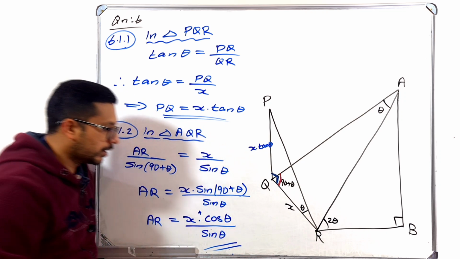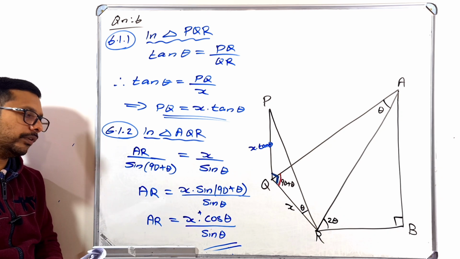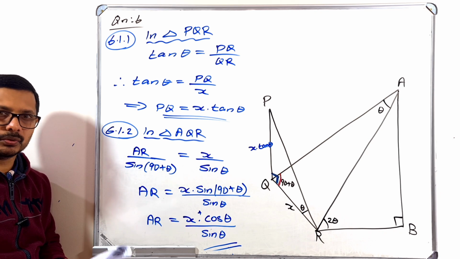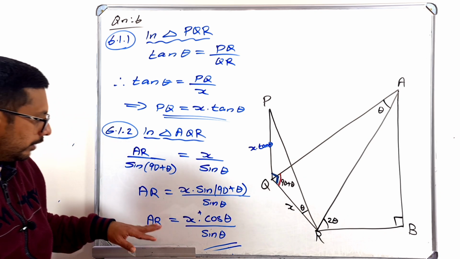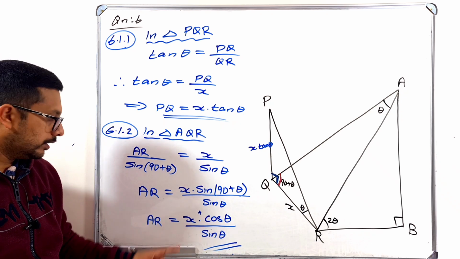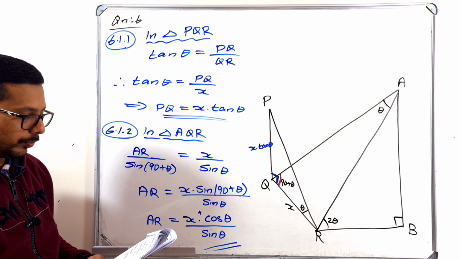So we got an expression AR is equal to x cos theta divided by sine theta, or x by tan theta. You can write it like that also. That is 6.1.2, in terms of x and theta.